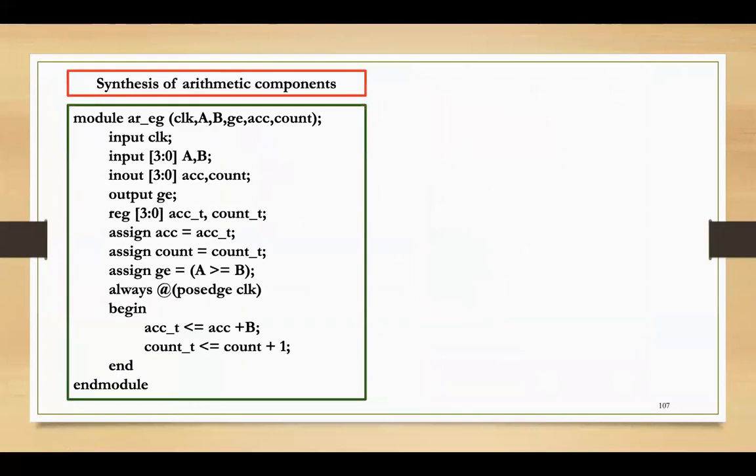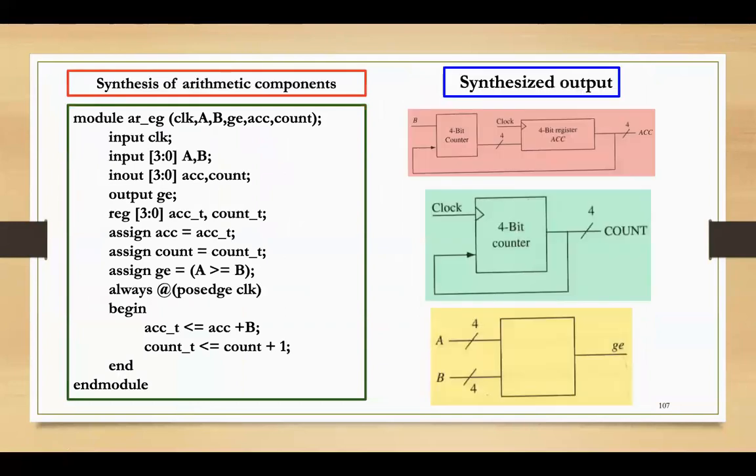Similarly, you can do this for arithmetic components, where you can generate counters. Count is assigned to count plus 1. You can generate 4-bit counters with the help of a clock. You can take the rising edge of the clock. Usually that is taken with the help of assign statements.